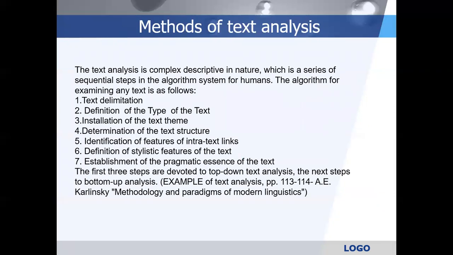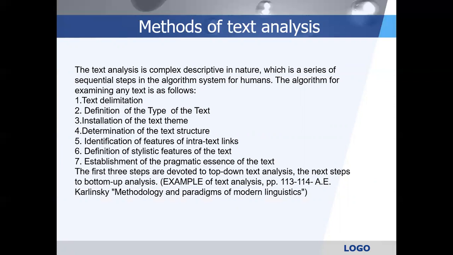So in here you see methods of text analysis, 7 steps. The text analysis is complex descriptive in nature, which is a series of sequential steps in the algorithm system performance.